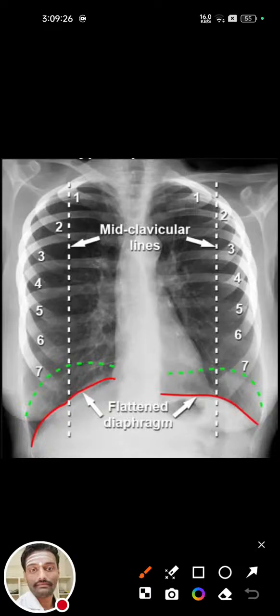Some doctors are asking about consolidation: what is consolidation, and in which disease? We will explain consolidation in the next pneumonia case.